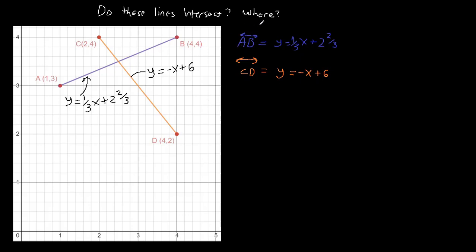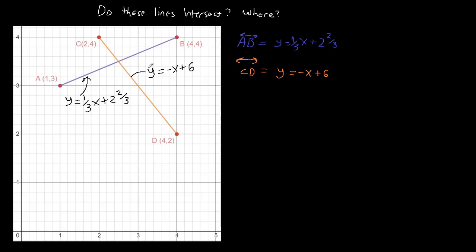So what we want to figure out is, do these lines intersect? The first thing you have to do is check, do they have the same slope? The answer to that is no. Then that means they're going to intersect somewhere. Now the question becomes, where do they intersect? To answer that, we're going to set these two lines equal to each other.